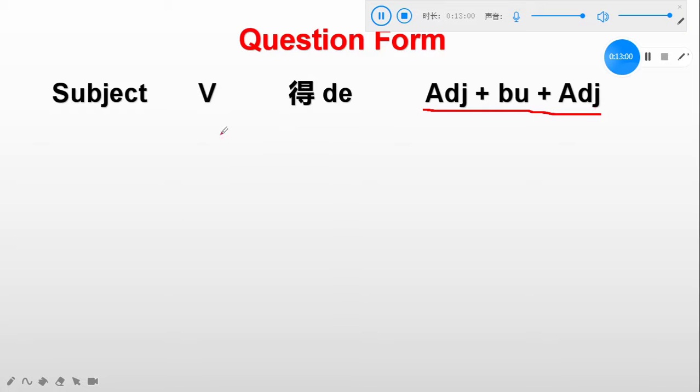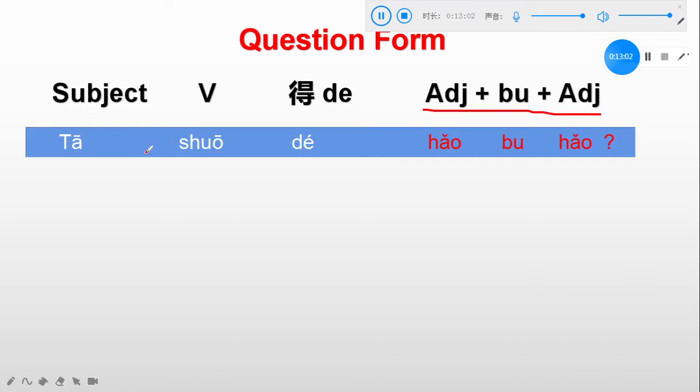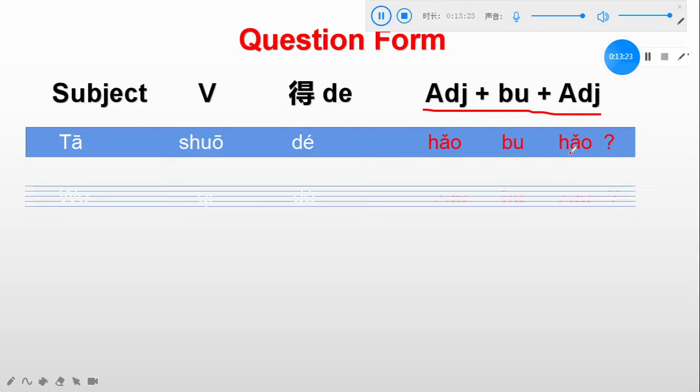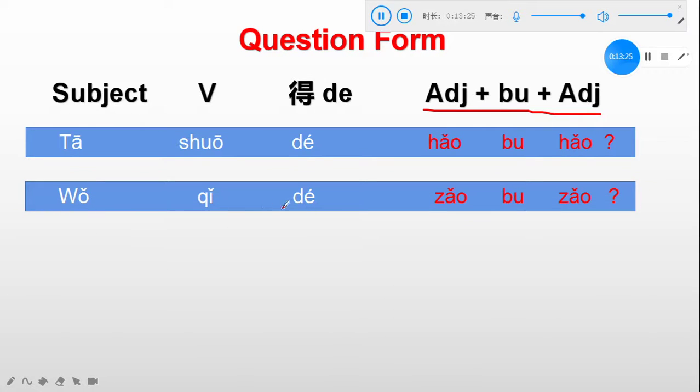Okay, examples. Example 1. 他说的好不好? He speaks good or not. Or we can say, does he speak good or not? That's the translation. Okay, example 2. 我起得早不早?